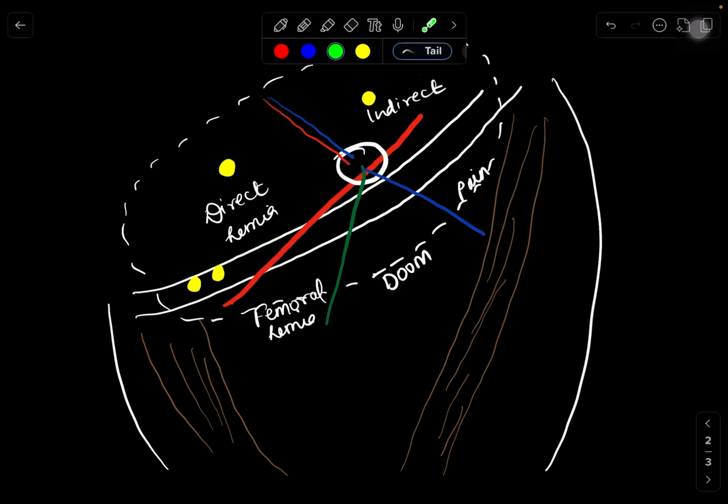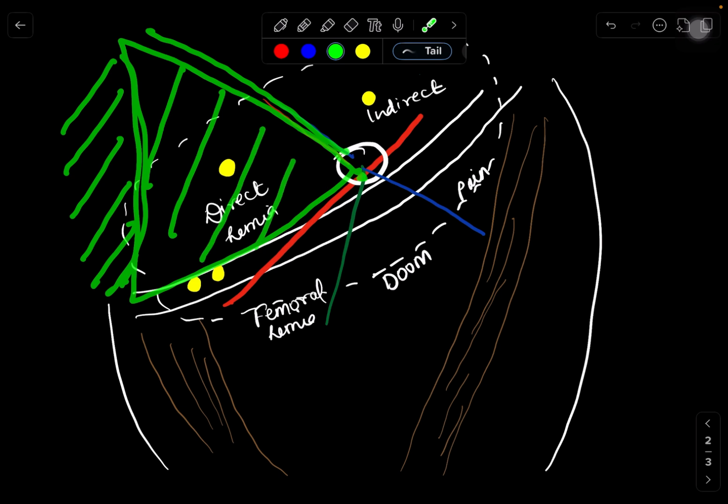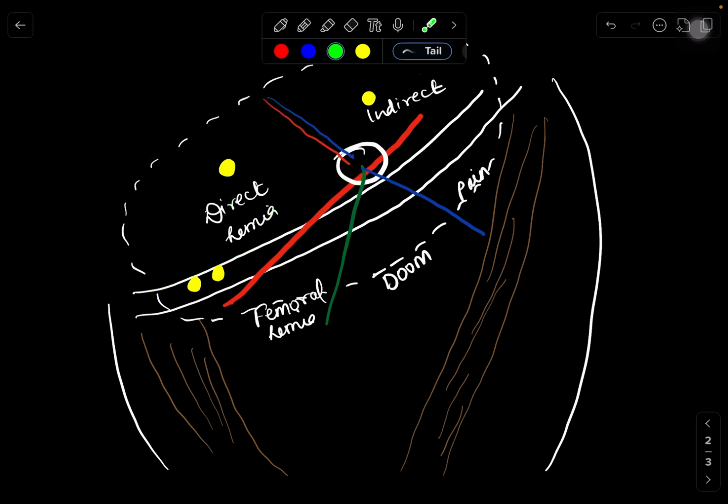You call it the Hasselbach triangle. The Hasselbach triangle boundaries are formed by the rectus abdominis and the inferior epigastric vessels. So this is the site of the Hasselbach triangle where you see the direct hernia. Now lateral to the inferior epigastric vessels, we can see the site for the indirect hernia, and the indirect hernia occurs through the deep inguinal ring.